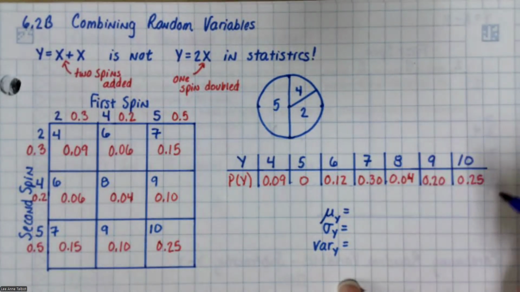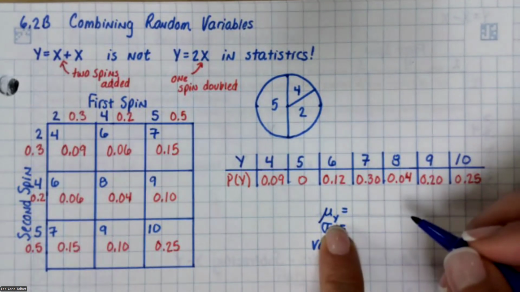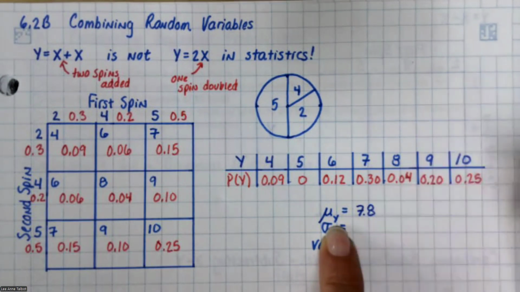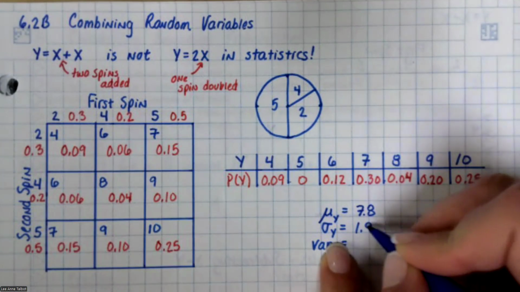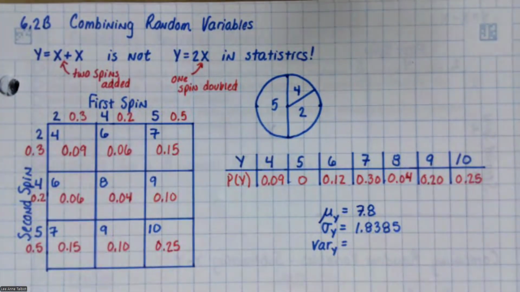Okay. Would anyone be willing to offer what they got for the mean? 7.8. I'm gonna go here, 1.8385.